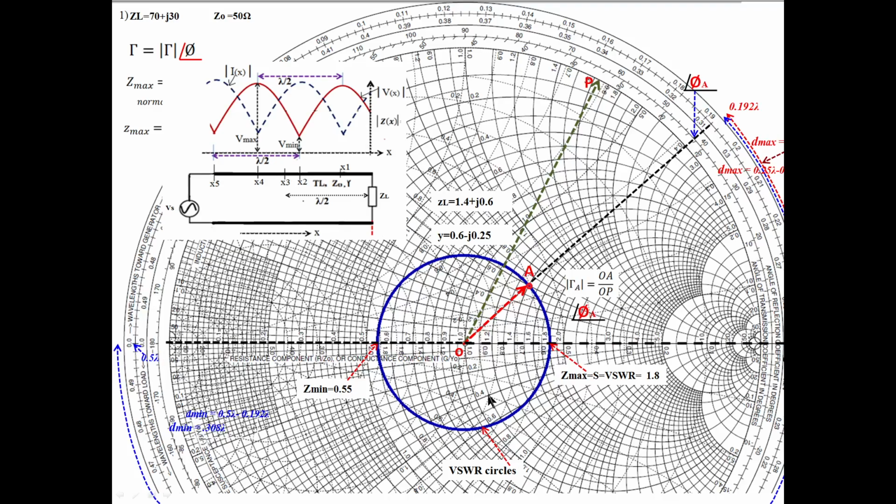So like that you can do all these measurements as we saw till now. We can find the reflection coefficient, VSWR, Z maxima, Z minima, the distance of the first minima and the distance of the first maxima. All these parameters we can easily find.